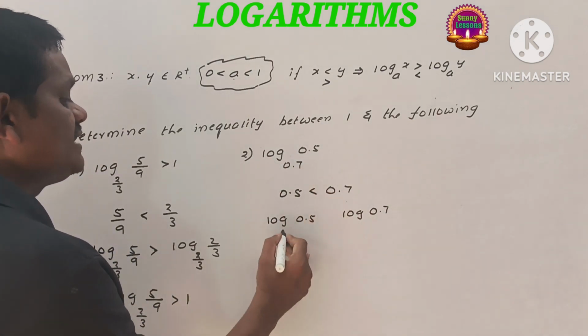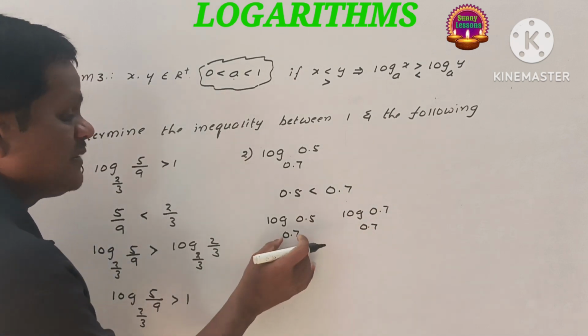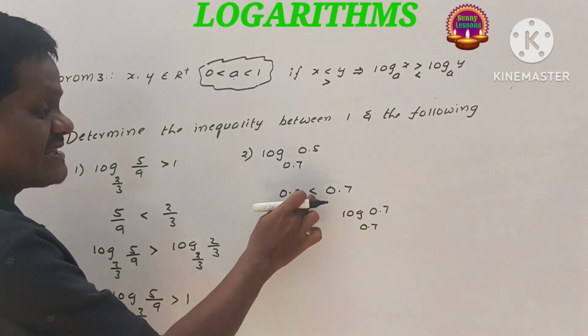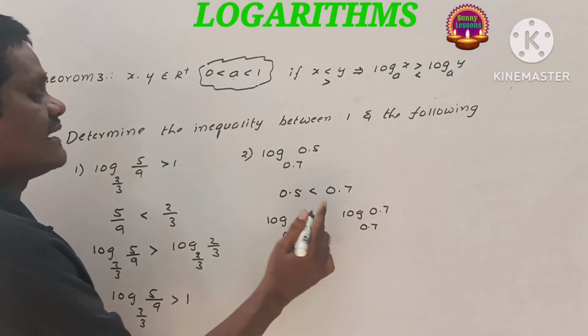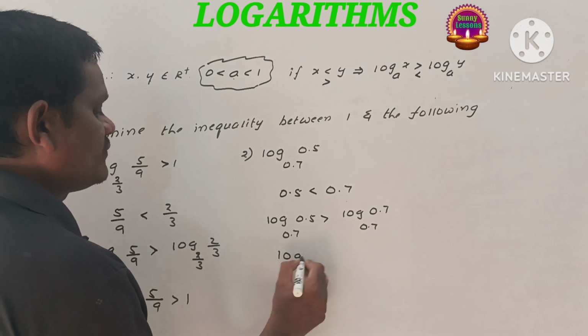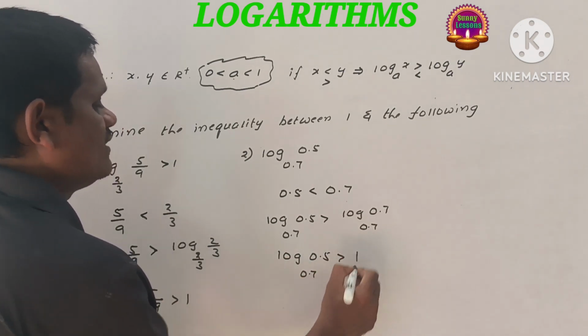What is the base here? Yes, 0.7. So the base lies between 0 and 1. If it is less than, then it becomes greater than. The inequality will change. So log 0.5 base 0.7 is greater than 1.